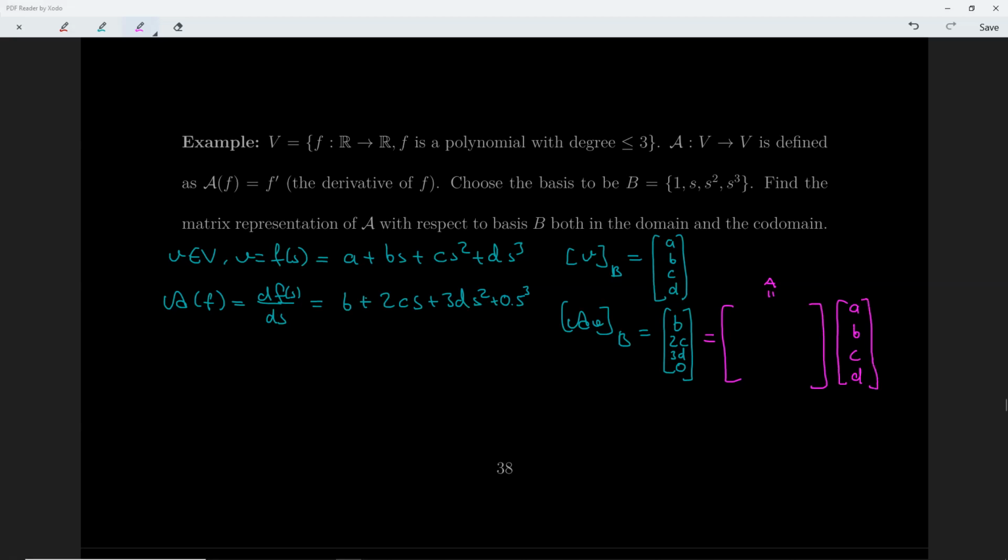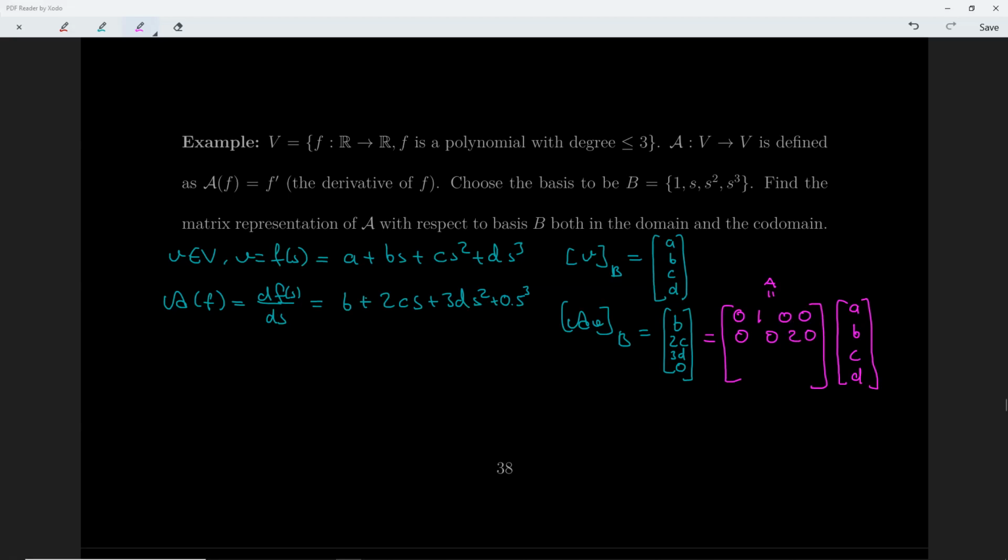Okay. So notice that I can fill in this A matrix's rows as follows. For example, the first row times ABCD should be equal to b, right? So the first row is equal to 0, 1, 0, 0. The second row times ABCD should be equal to 2c, so it should be 0, 0, 2, 0.